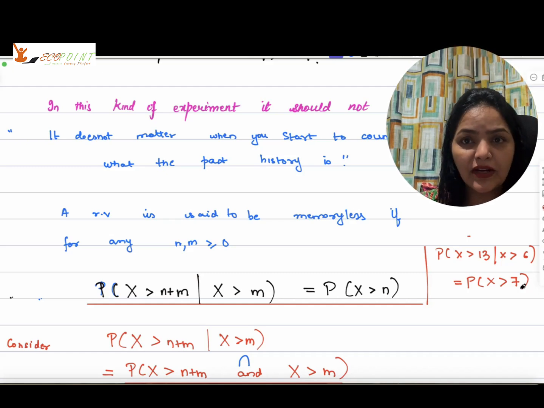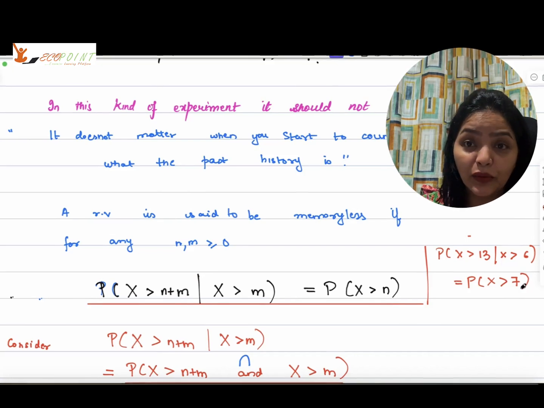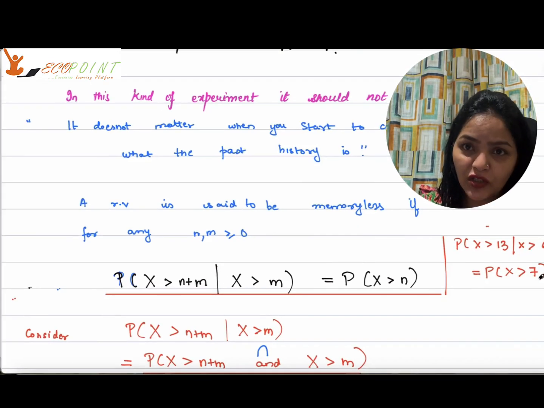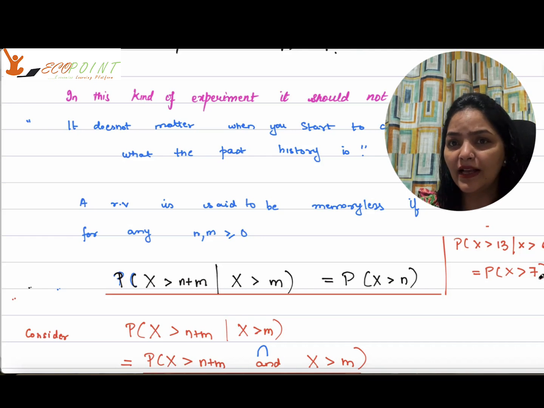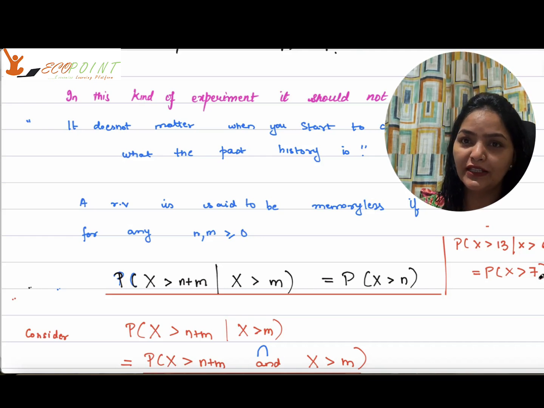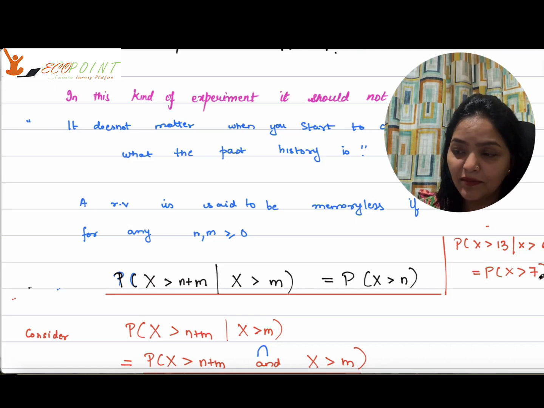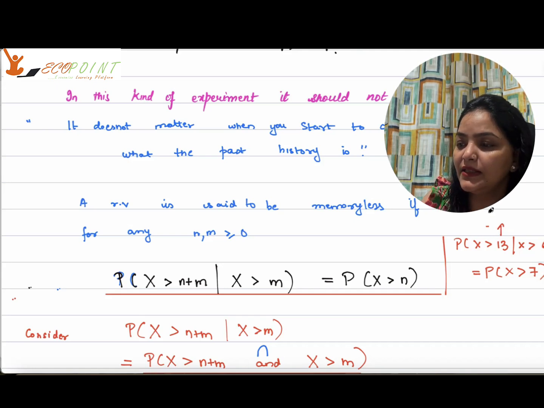Now if I have already done 6 trials, that means I can start counting from the 7th. So at that junction, if you ask yourself what is the probability that I will take more than 13 attempts to get my first head, it will be the same as asking what is the probability of getting the first head in more than 7 attempts, because this 13 is nothing but 6 plus 7.